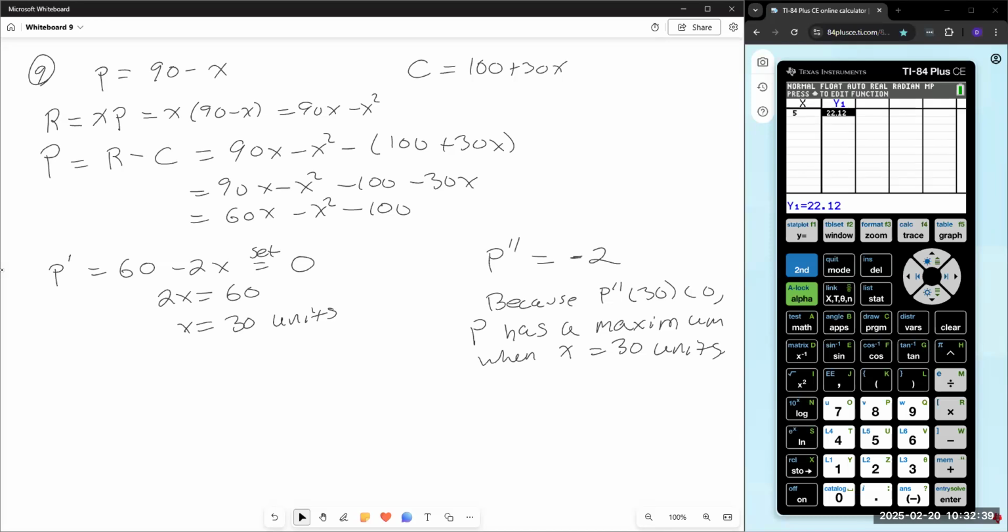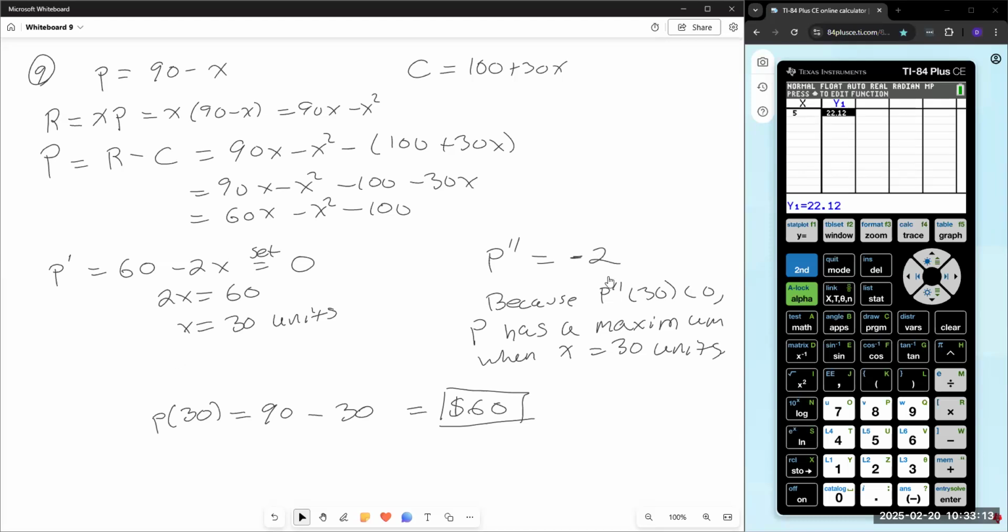Now they're going to ask us what price we should sell at to make this maximum profit happen. So lowercase p at 30 is going to be 90 minus 30, which is $60. So we should set our price at $60 so that people will buy 30 units, which will maximize my profit.